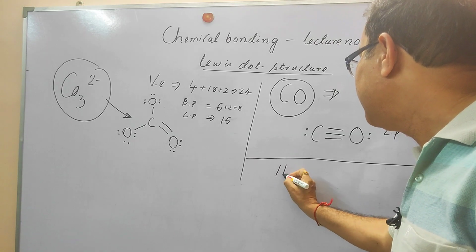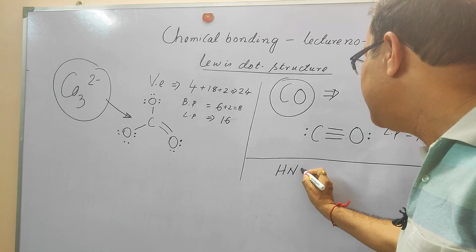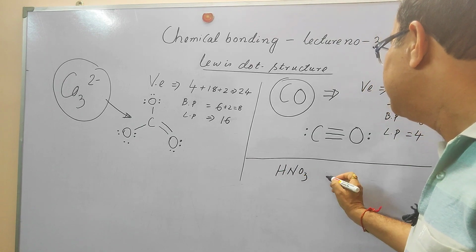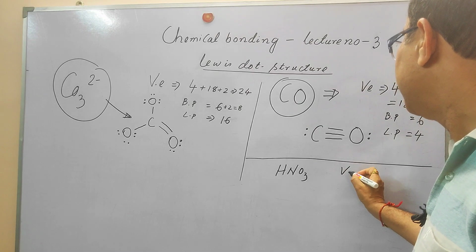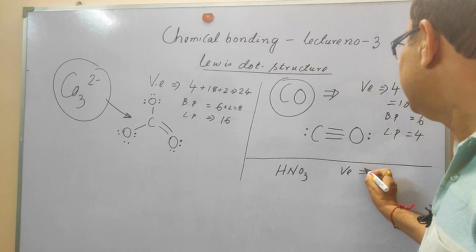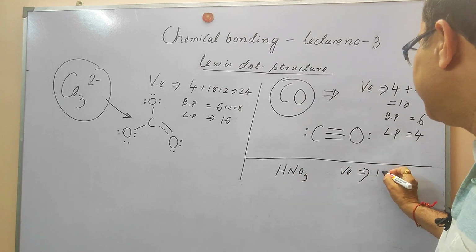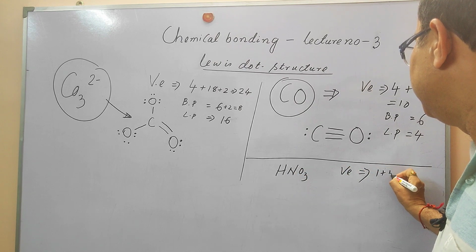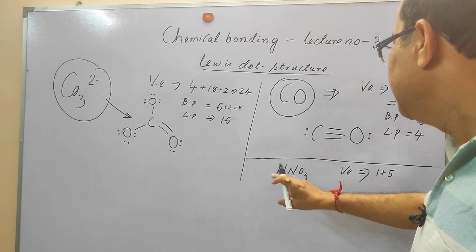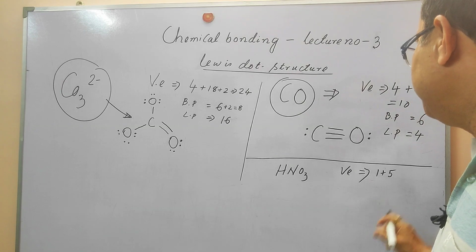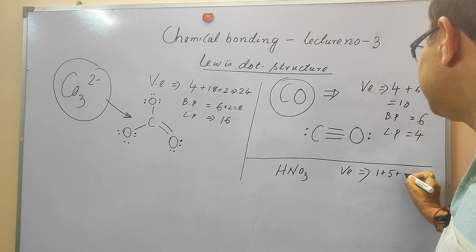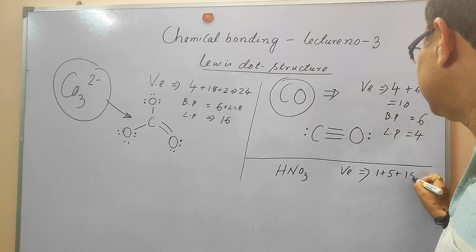Suppose we are taking another molecule, HNO3. For this HNO3, first we have to calculate the valence electrons. Valence electron, hydrogen is 1, nitrogen is 5, and oxygen is total 18 electrons.